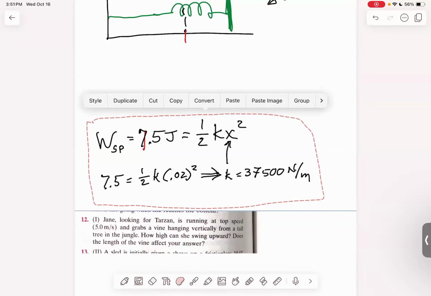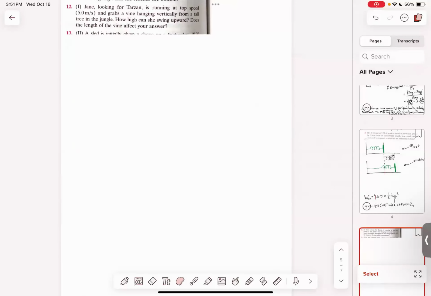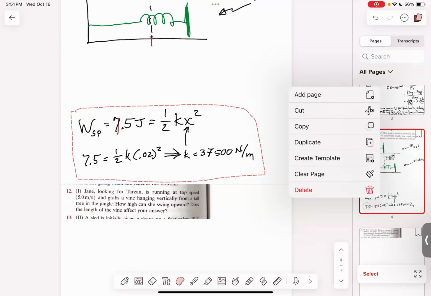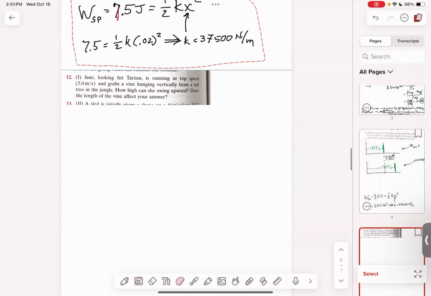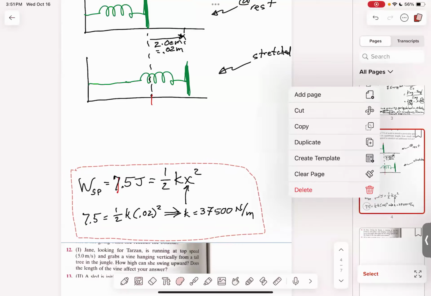And actually, we're going to put an extra page on here. Okay. So we're going to move this last spring that I have drawn another.